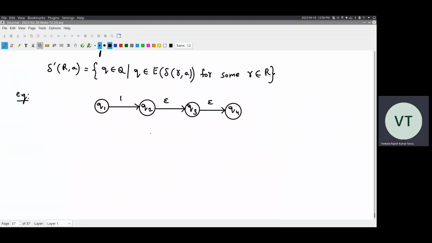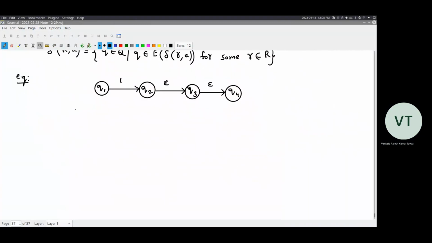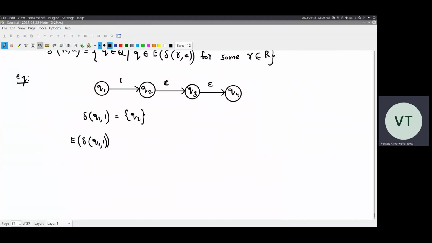This is not the entire machine. This is some sub portion of the machine. It doesn't matter what the rest of the machine is. This portion is enough for us to discuss the example. So delta Q1 comma 1 is Q2, right? Now E of delta of Q1 comma 1, what will this be?